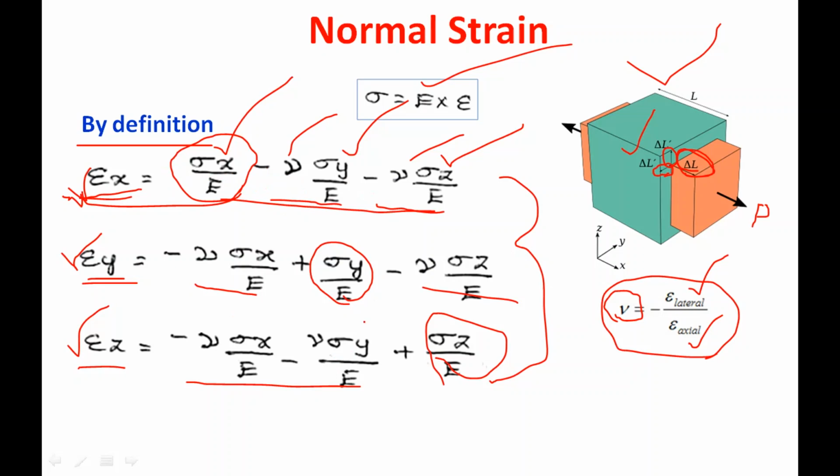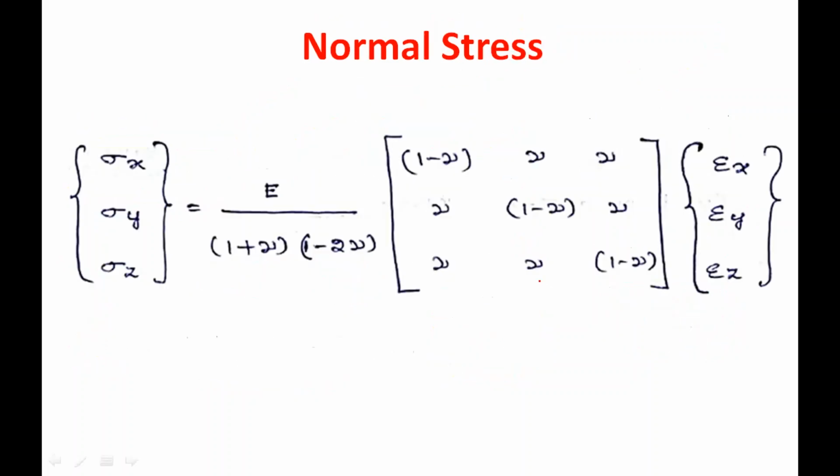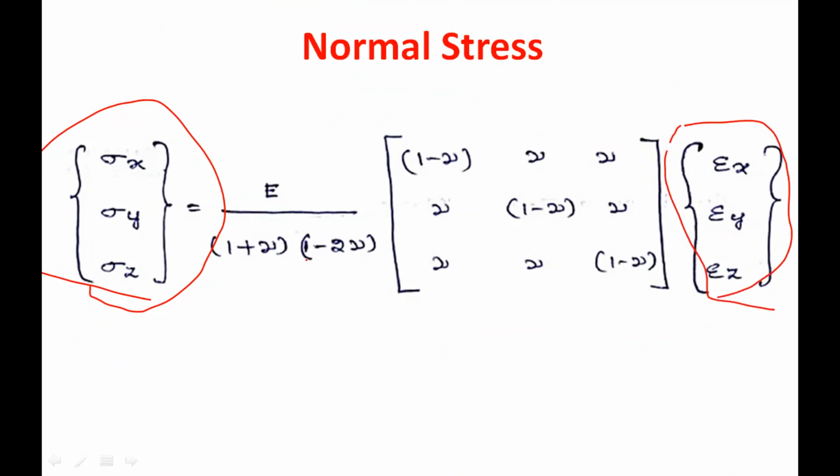By rearranging all these things, you will get the expression for sigma x, sigma y, sigma z in terms of epsilon x, epsilon y, epsilon z, Young's modulus and nu. You can refer to any strength of materials textbook. Directly I will give you that relationship. Sigma x, sigma y, sigma z are the normal stresses and these are the normal strains, epsilon x, epsilon y, epsilon z.